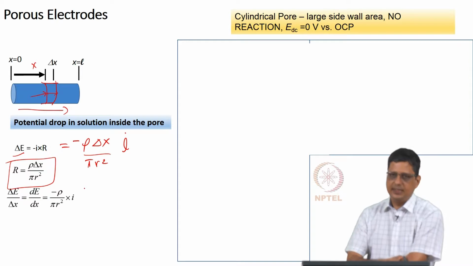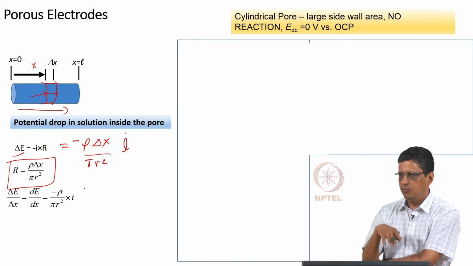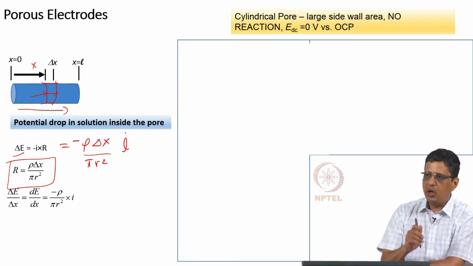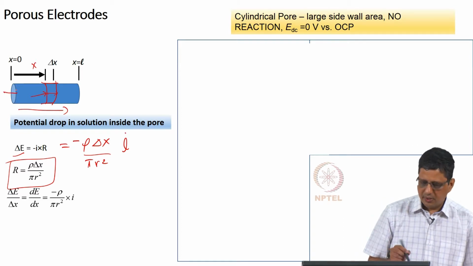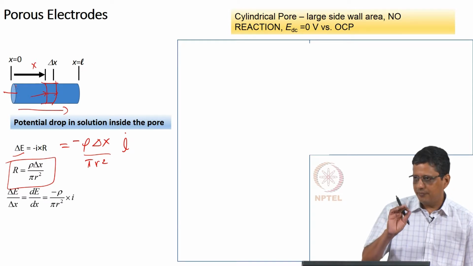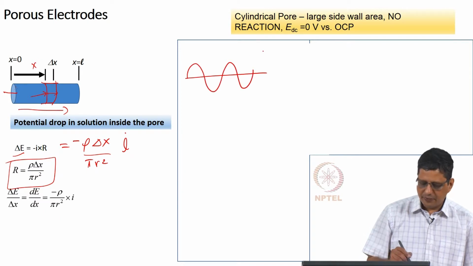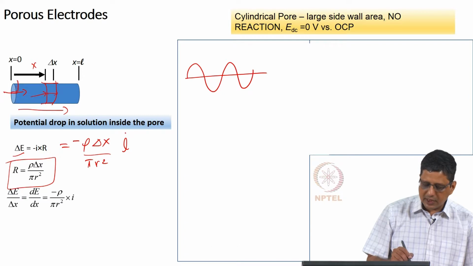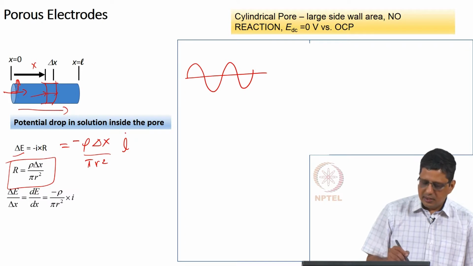So, if you visualize this, you apply an AC potential. It is going to go with an amplitude. At the wall, the current that is coming in, this potential is going to be large, or whatever we are giving, that is the maximum potential. It is going to oscillate like this at whatever frequency we are giving it. A little later, some of the current is taken up here, and the potential is decreasing here, because this small section offers a resistance.